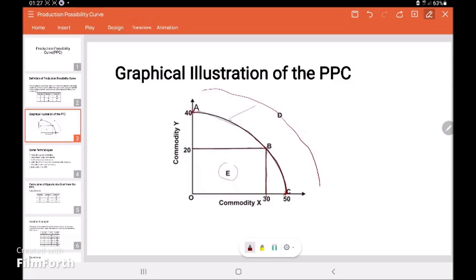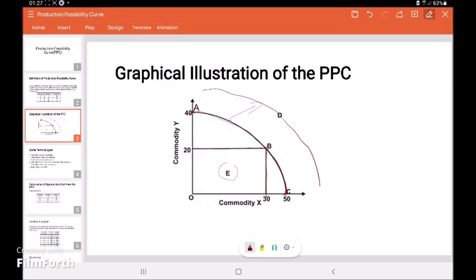When it happens, we see that the production possibility curve has shifted bodily to the right, which means you have improved upon your technology. Perhaps you have looked for more resources. That is why the production possibility curve is shifting bodily to the right. And therefore D, which was unattainable combination hitherto, will now be attainable combination.